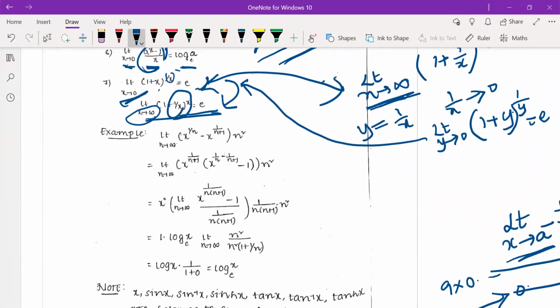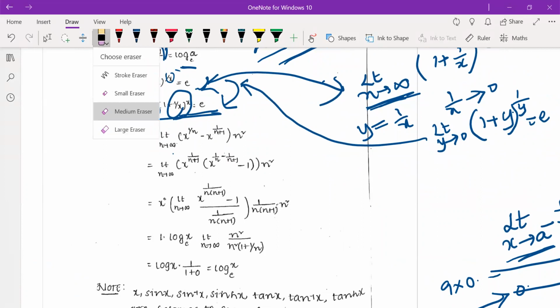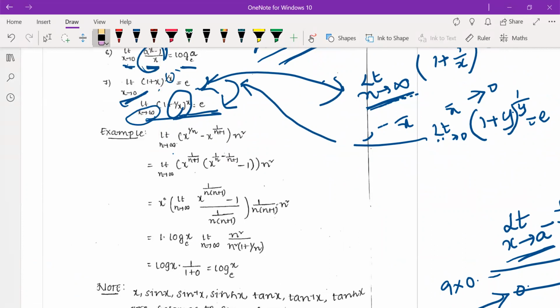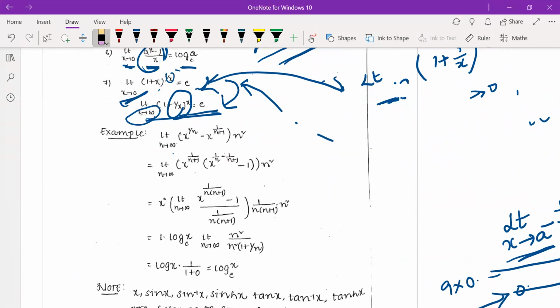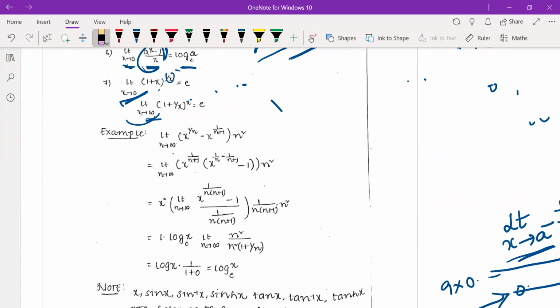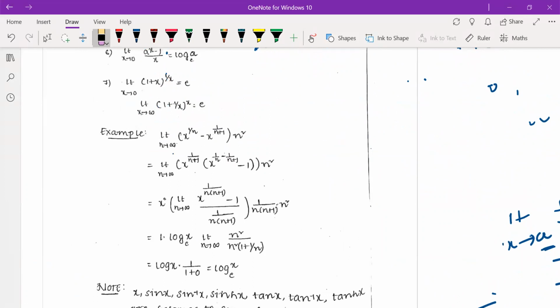Yeah, we'll discuss it now. Limit n tends to infinity, x power 1 by n minus x power 1 by n plus 1, into n square.